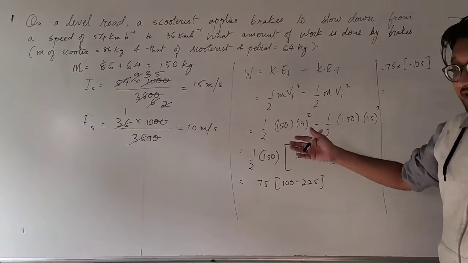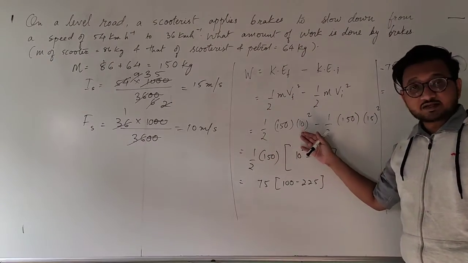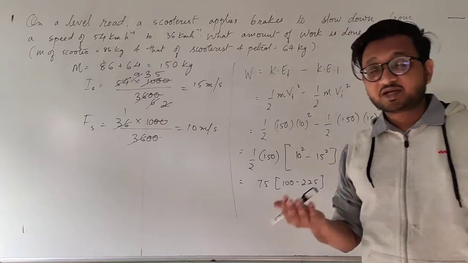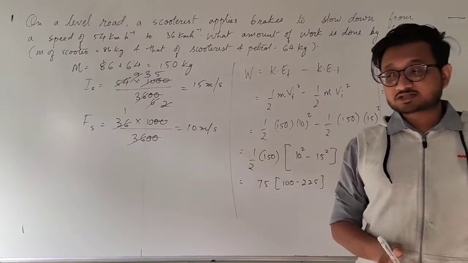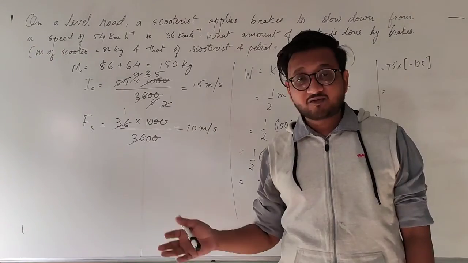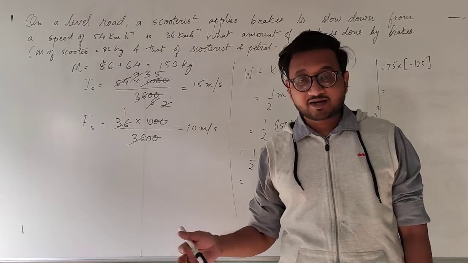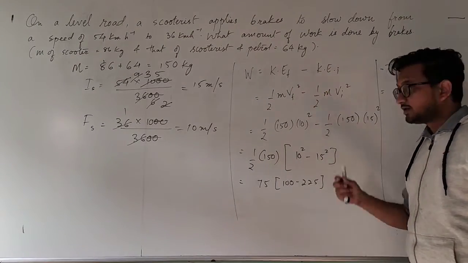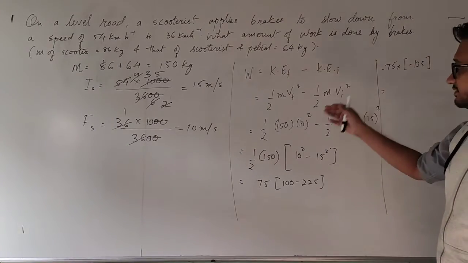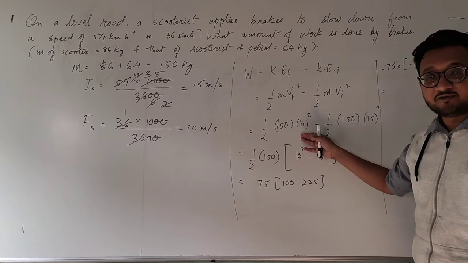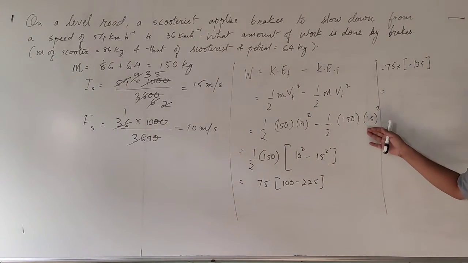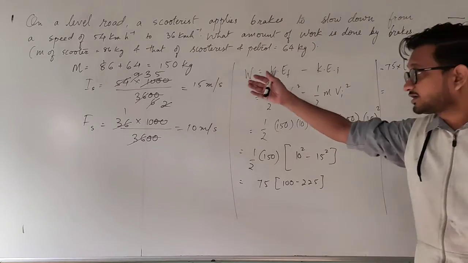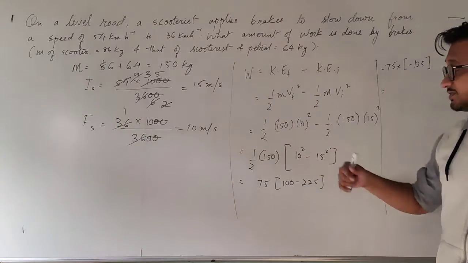Now obviously the final velocity is less, so the work done will become negative, and we know that because the brakes are being applied and the velocity is reducing, and that is why negative work is done by the brakes. We already know that, and that is why over here 10 square will be in final and 15 square will be in initial, according to the initial and final speeds.